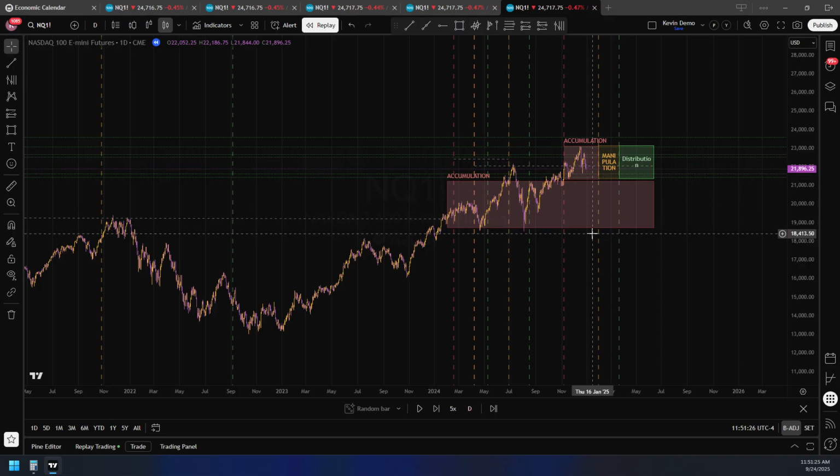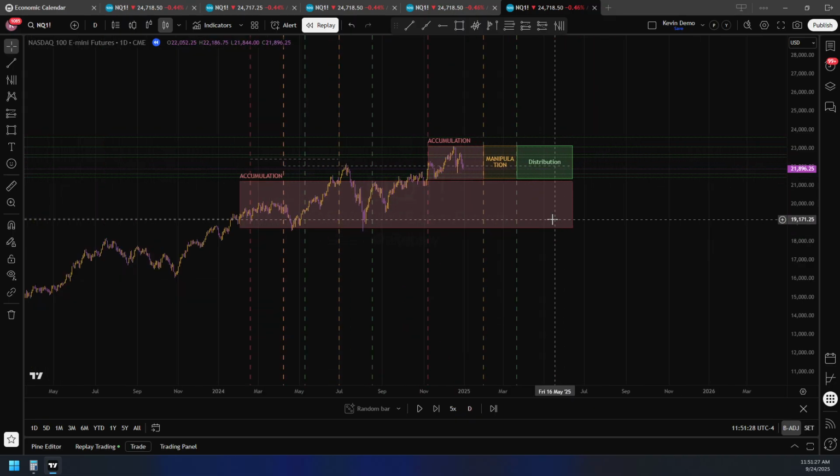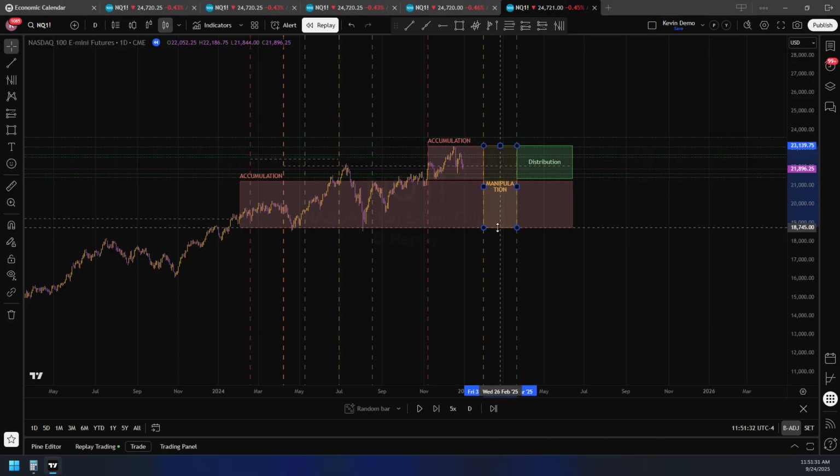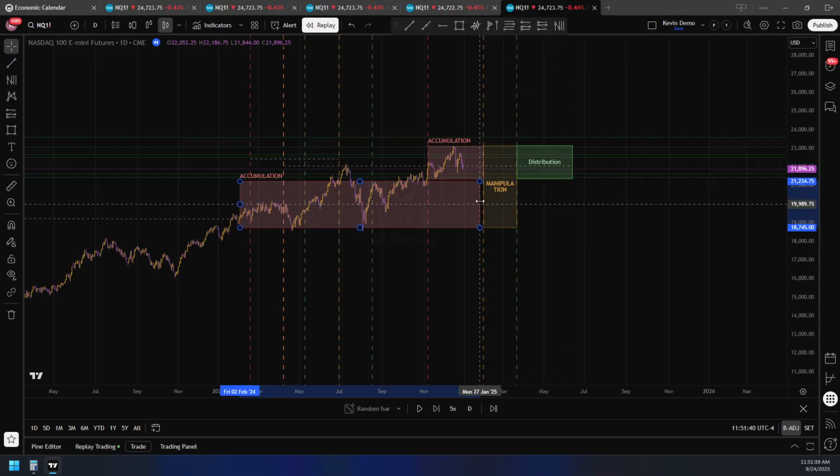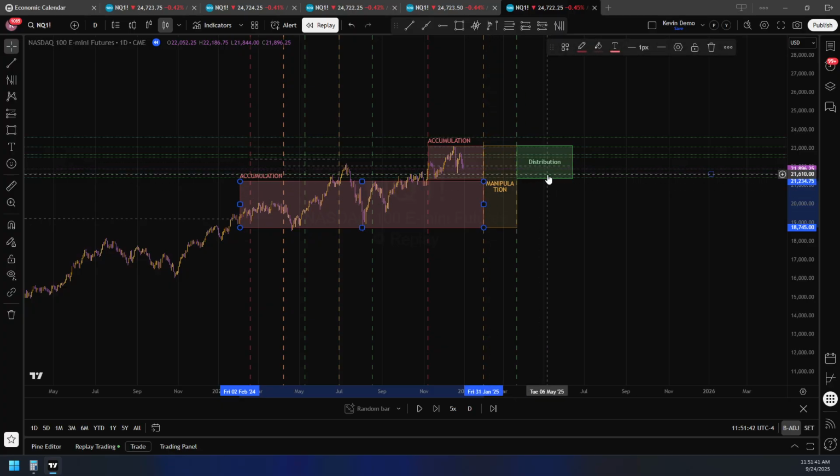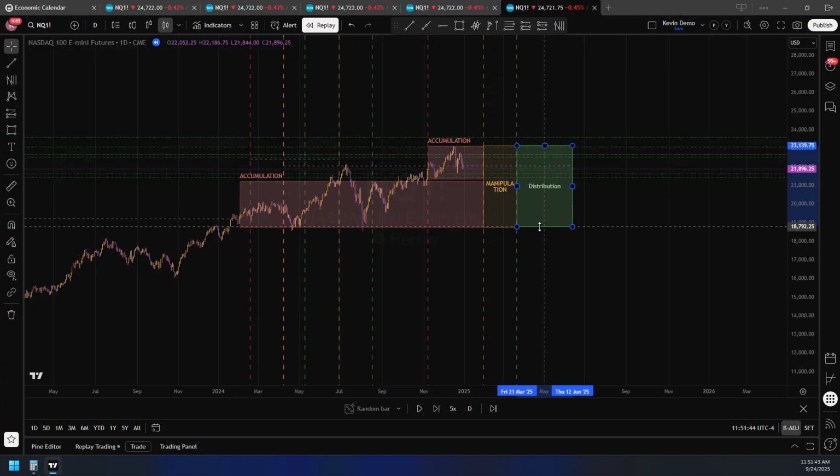That means this is likely to come all the way down to here. That's a manipulation. Or it can come all the way down to there. And if that's going all the way down to there, this needs to be able to come up from there.